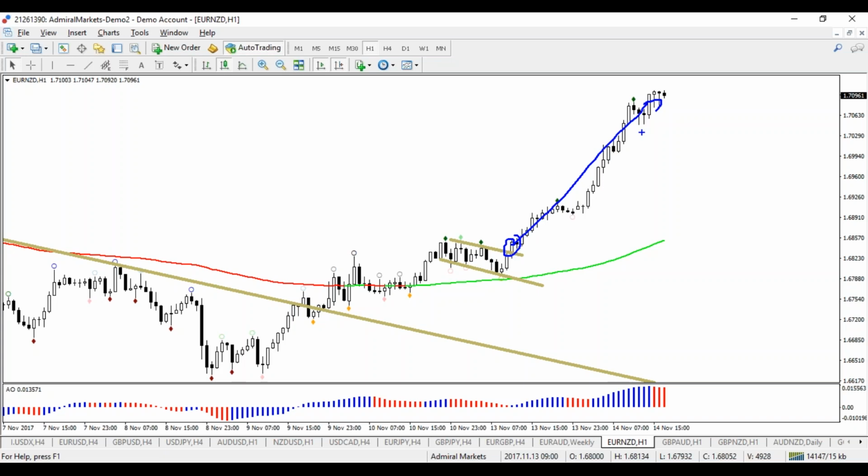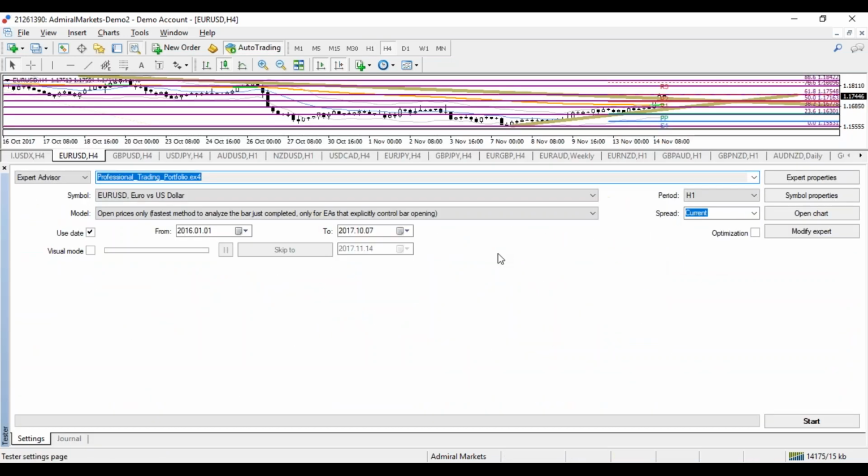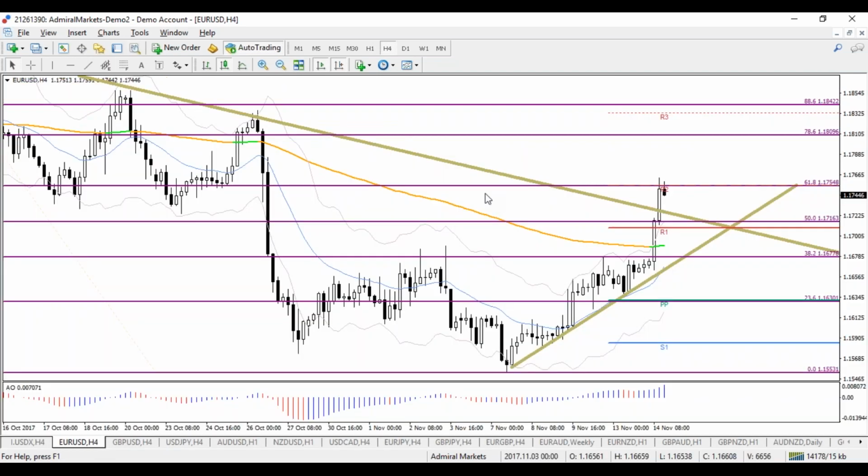The reason why was because, from my point of view, I thought that Euro dollar was still at resistance, and I was therefore choosing the New Zealand dollar. Let me see.